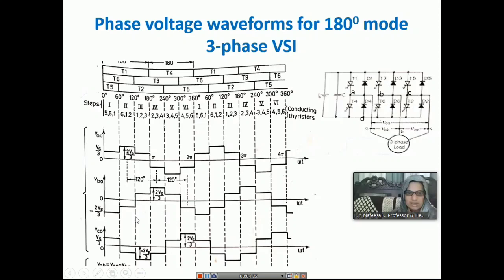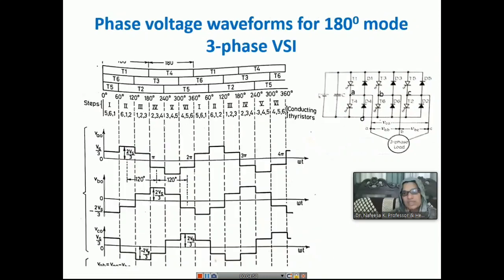Similarly, you will get the C phase voltage, that is VCO. After 120 degrees, the next cycle starts, and the next wave, the C voltage, starts. These voltages are given to the stator of this induction motor.